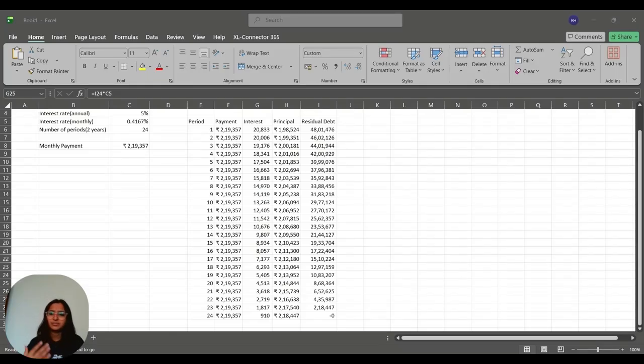It means by the halfway point, you have already repaid almost half of the loan, not just because of the EMI, which is equal monthly installment, but because the principal component has increased significantly over time.